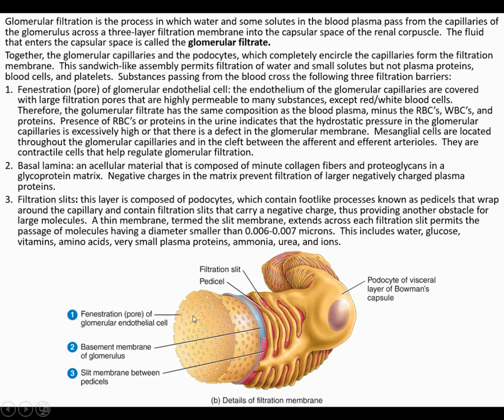It has a lot of fenestrations or pores. These large filtration pores make the capillary highly permeable to many substances. What it will not be permeable to, which means permeable, once again, stuff to pass through it, white blood cells, red blood cells, platelets, and proteins.